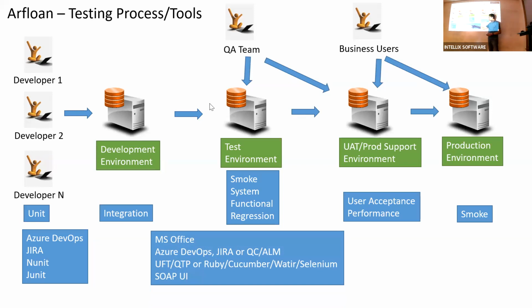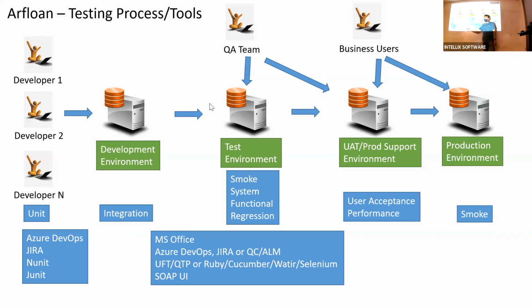These are the general types of tools that you, from the quality assurance standpoint, will focus on. Obviously, Microsoft Office, you are using that to document the test cases and anything else. But Azure DevOps, Jira, QC, ALM, these are again application lifecycle management tools. UFT, QTP, Ruby Cucumber, Katalon, all these are automation testing tools. You can use that.